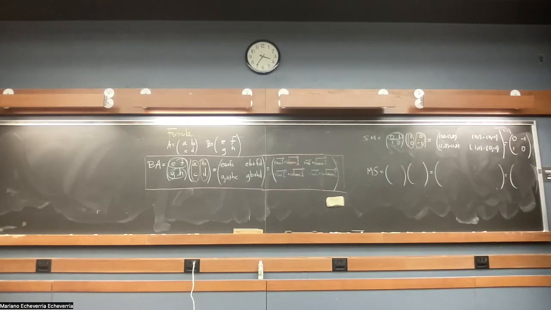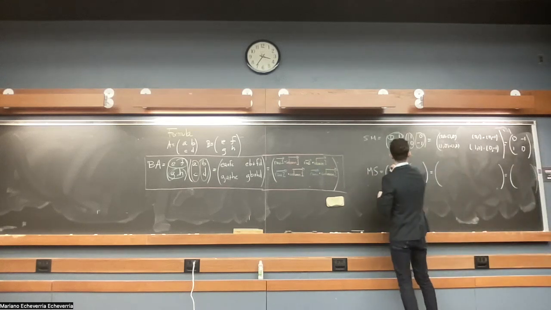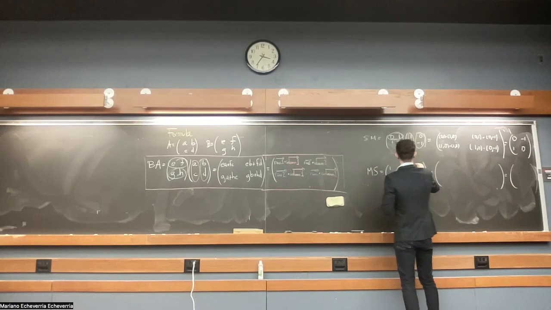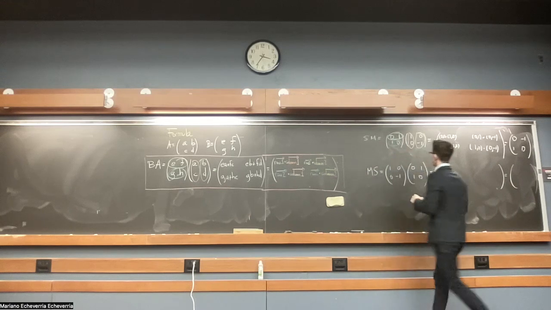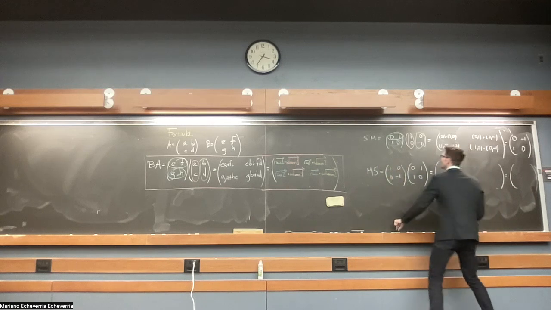On the other hand, what happens if you do MS? So again, you change the order. It's 1, 0, 0, -1, and 0, 1, 1, 0. And notice that you still keep using the rows of the matrix that you see first.